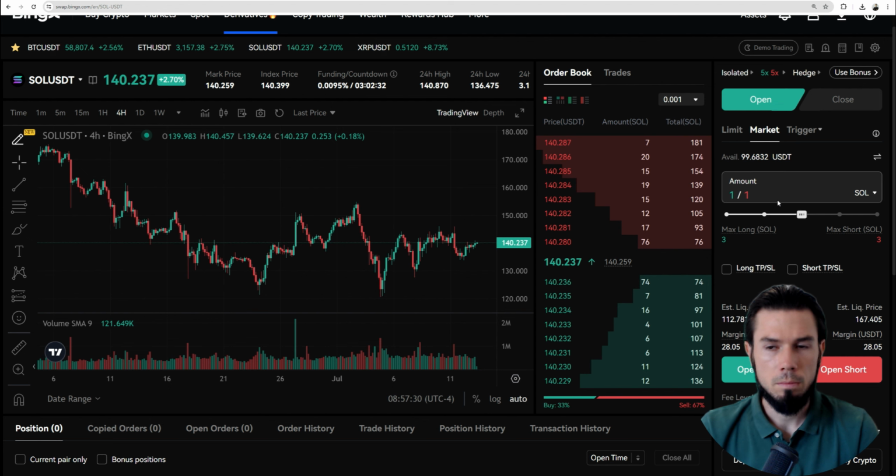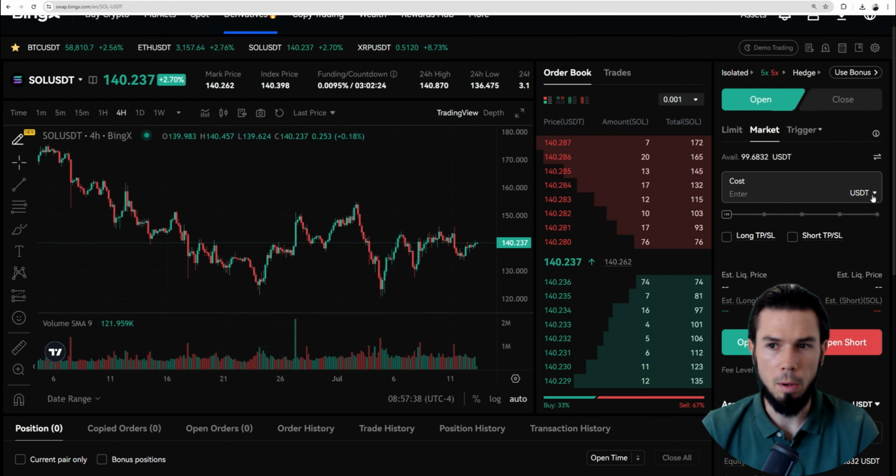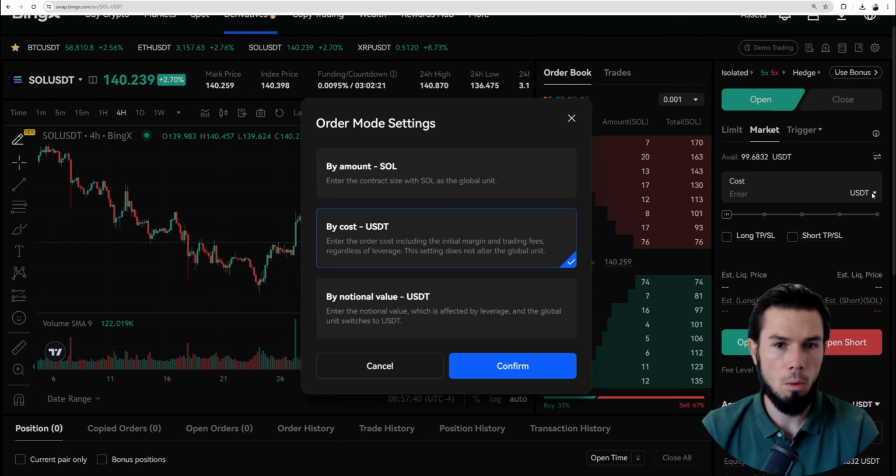We could put simply 50%, or we can work around by cost USDT, right? Which will help us, if you click on that little arrow on the right side, you have the order mode settings. So you want to see the Solanas you want to buy. You want to see how much does it cost you in US dollar.